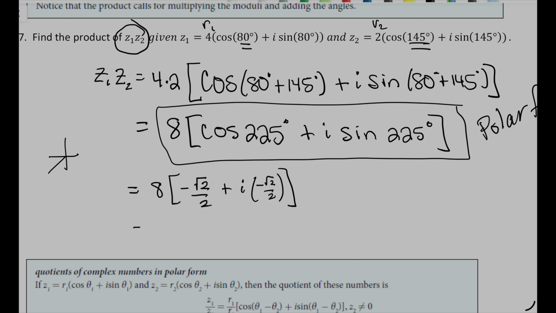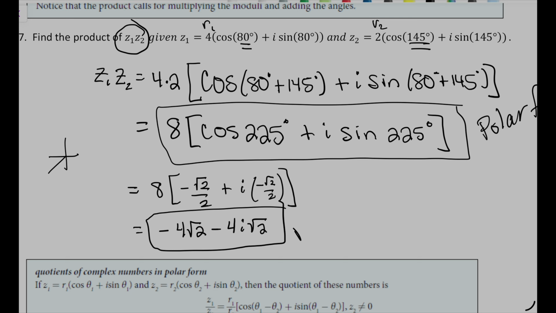We will end up with a negative 4 root 2 minus 4 root 2 i. I like to put the i in front of any radicals just so it's clear it's not underneath it. Okay, so that is the rectangular form for the complex number.